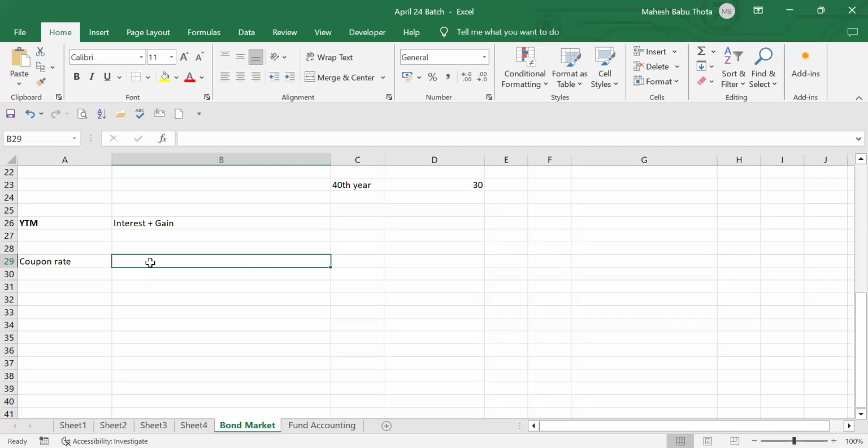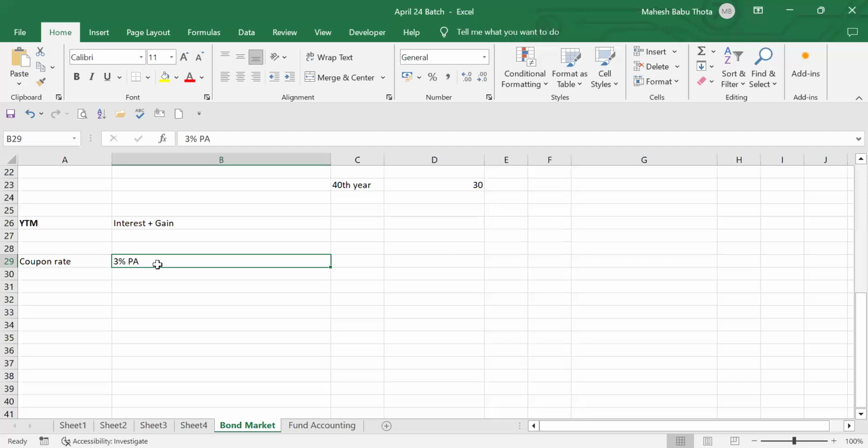So this coupon rate will be determined in different ways. Suppose I'm saying 3% semi-annually. Semi-annually means every 6 months I'm paying 3% interest. If I say 3% per annum, that means per annum I'll pay 3%. And also the interest payment may be different.